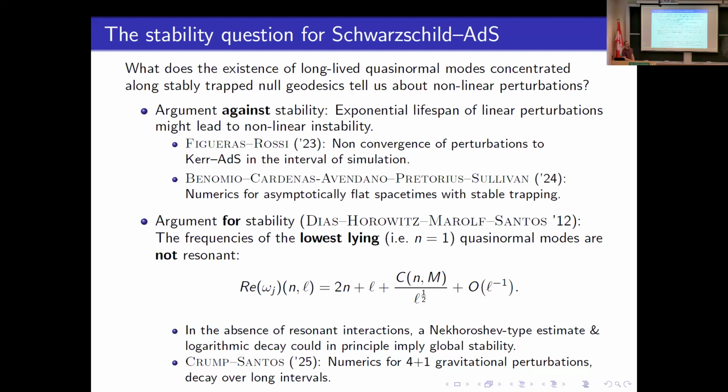actually tried to analyze the spectrum of the linear equation and understand if weak turbulence is expected to happen in the same way as on AdS. So what they did is, of course, look at the frequencies of the quasi-normal modes.